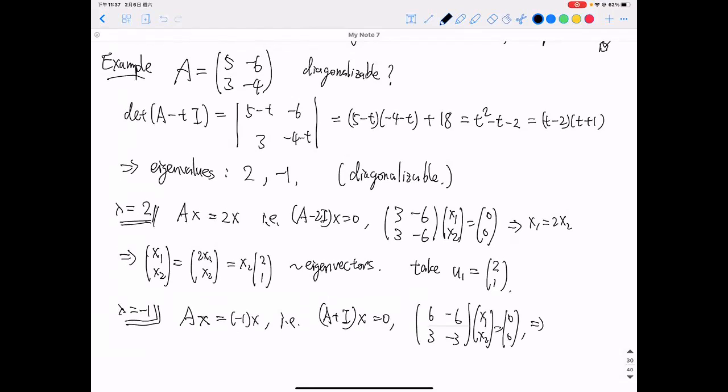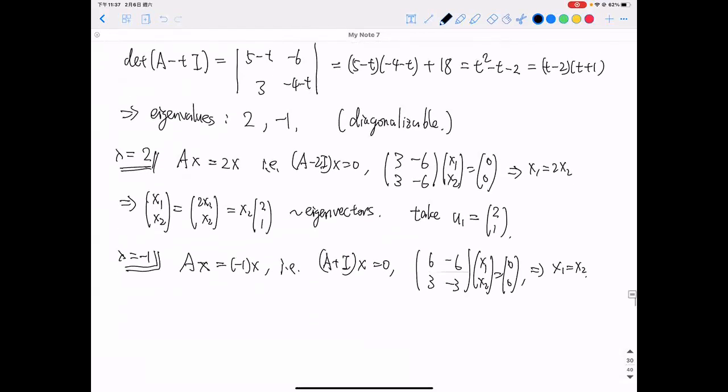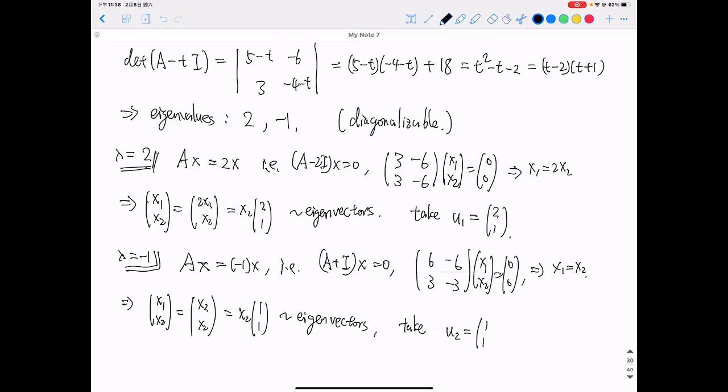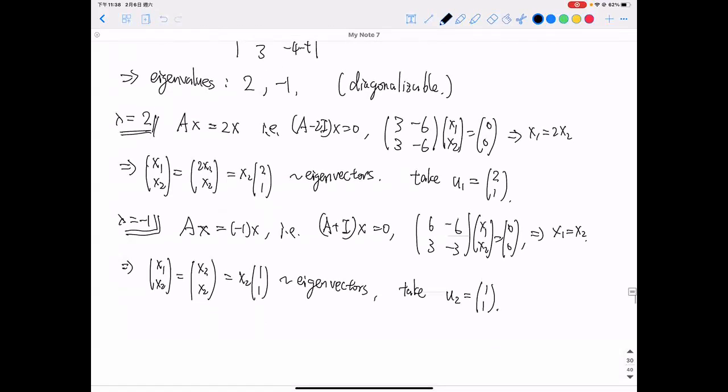And you can immediately see that these two equations are the same. It's x1 equals x2. Therefore the eigenvectors are multiples of 1, 1. And once again, we can take one of them, say u2, to be 1, 1.